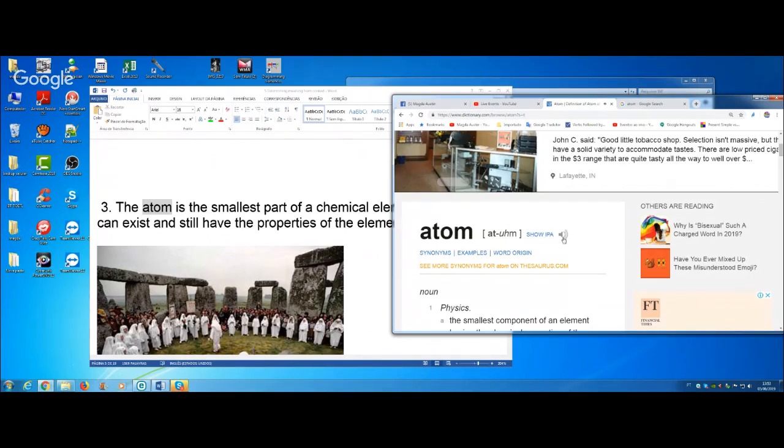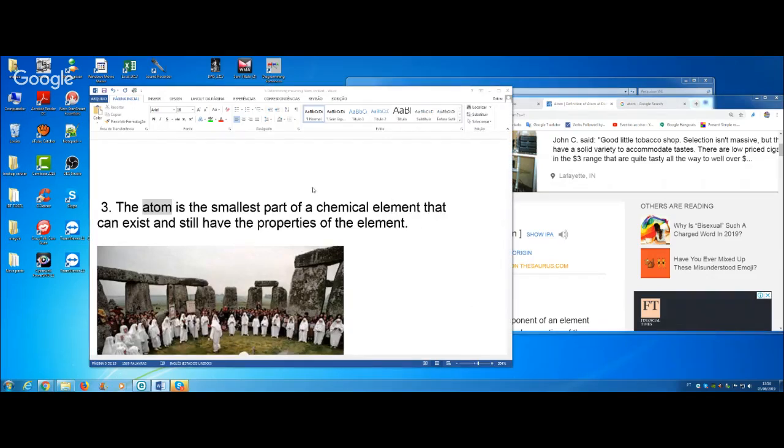The problem with us is the intonation. Also, atom sounds like an American accent to me, not British. British would say it differently. You have a point there.